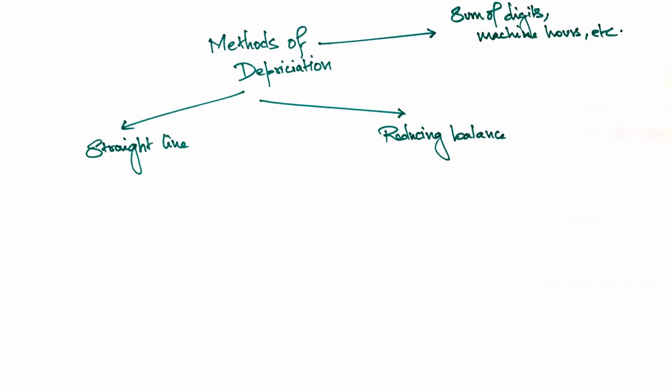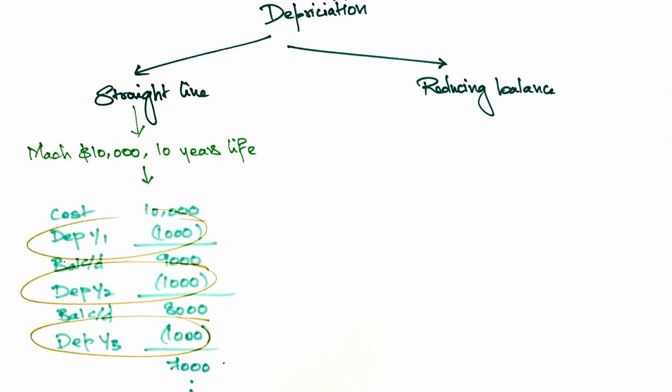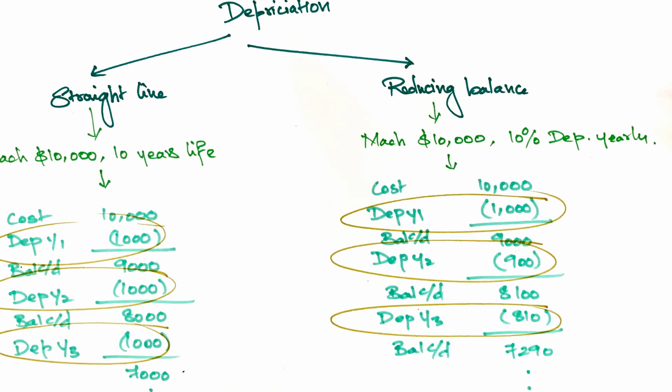Now, our most famous methods of depreciation are straight line and reducing balance, and the main difference between them is that in the straight line method, since we're reducing the same amount each year, we're assuming that the productivity decreases by the same amount each year. That's why we're reducing the same amount. Whereas if you look at reducing balance, it's usually a higher sum of depreciation in the first year.